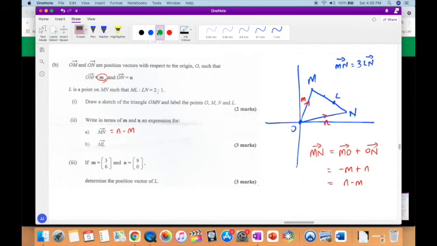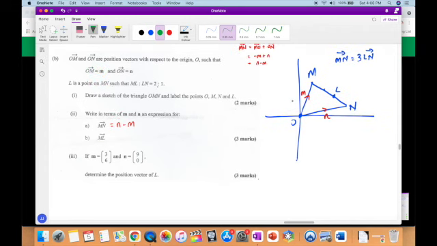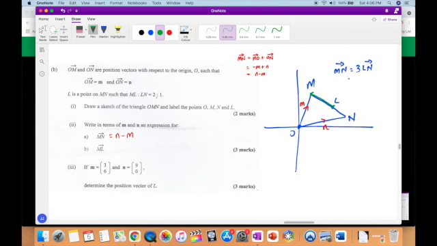And what did you do wrong there? ML, so ML. Well, any ideas for ML? How could we do ML? We already know what MN is. MN is n minus m.